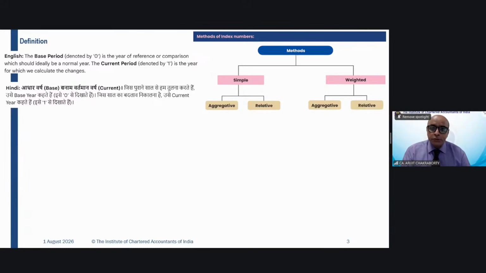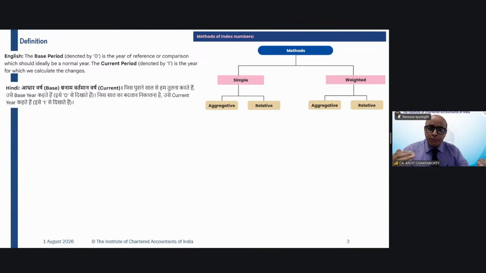And dear students, you are all having a very good understanding of the concept of inflation because you are studying economics as well, and you can now see the relationship or the connectivity between statistics and economics. And tools like index numbers are acting as a bridge between economics and statistics.